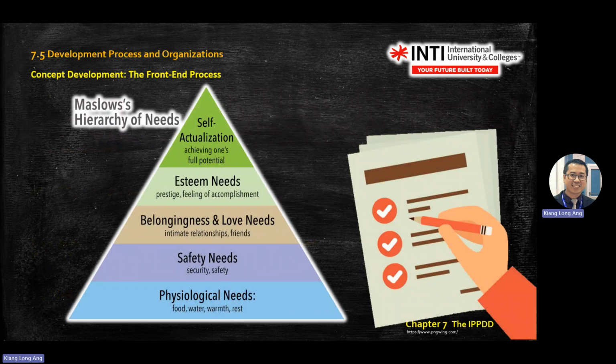So you know that Maslow law from psychology: safety, belonging, esteem, and self-actualization. This is Maslow's law. So it depends on what market you want to tap into. Each market has its own level of satisfaction.